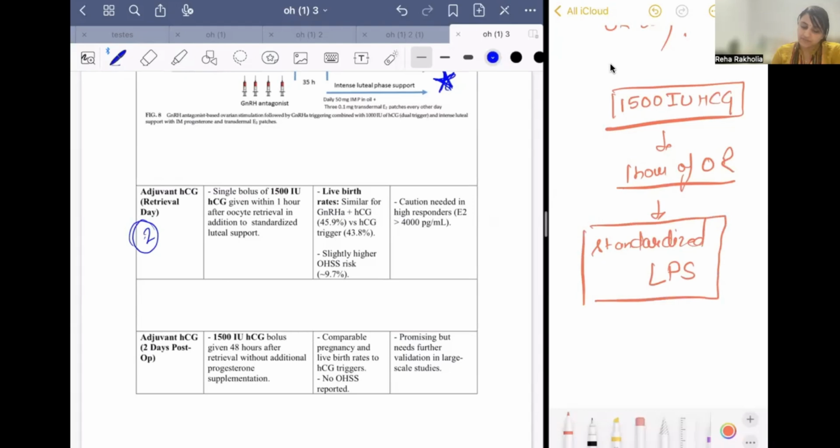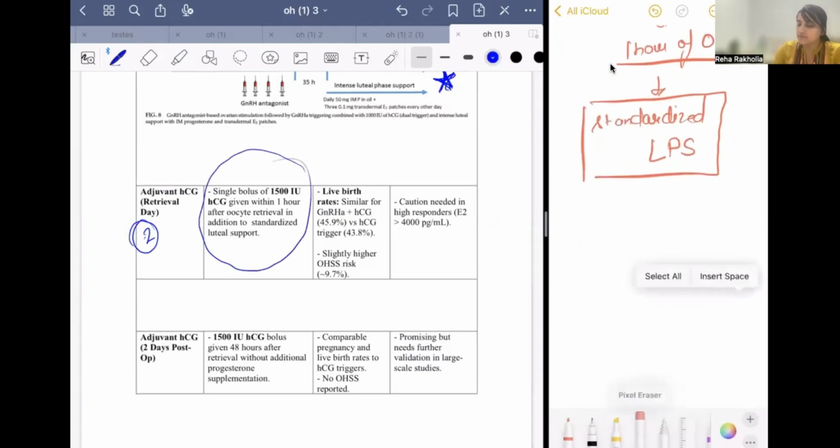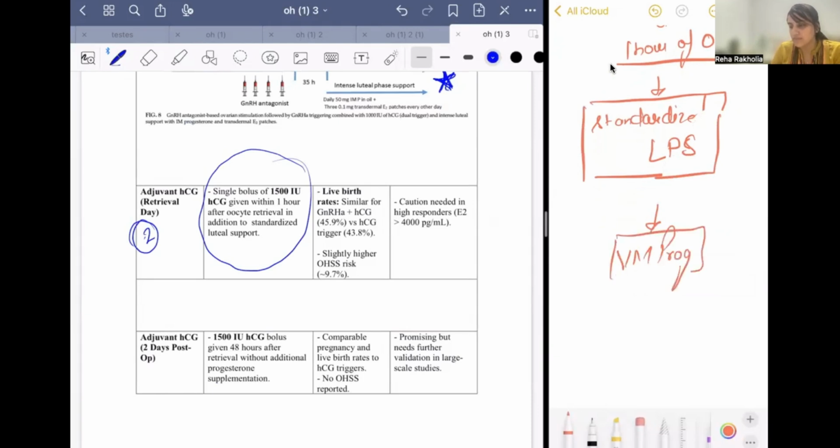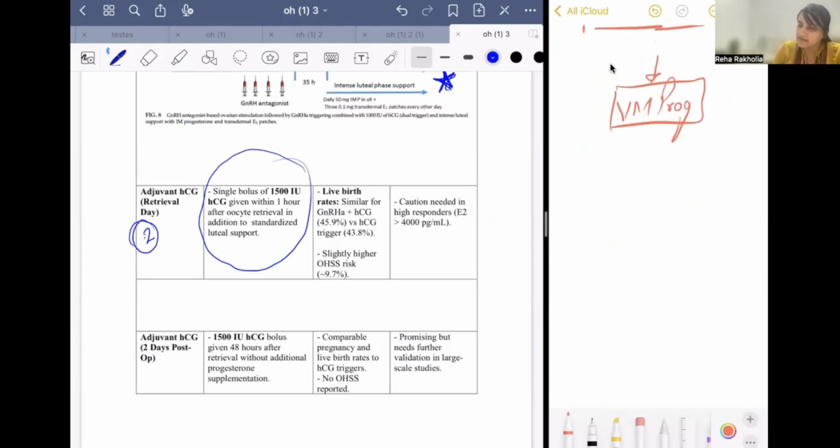Here, with 1500 HCG given within 1 hour after oocyte retrieval, we have used standard luteal phase support. So, standard regimen means what? Intensive luteal phase support is an aggressive treatment. But standard luteal phase support includes vaginal micronized progesterone at a dose of 200 milligram 3 times daily.